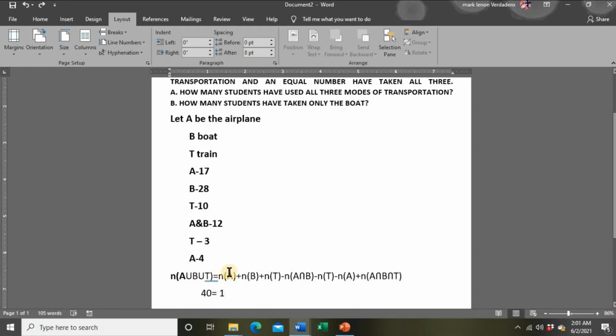Then yung ating sumakay sa airplane, we have 17. Sumakay sa boat, 28. Sumakay sa train, we have 10. Minus yung sumakay sa airplane and boat, 12, minus sumakay sa train na 3, minus yung sumakay sa airplane only na 4, then the intersection of the 3. Okay, so ayan na yun.